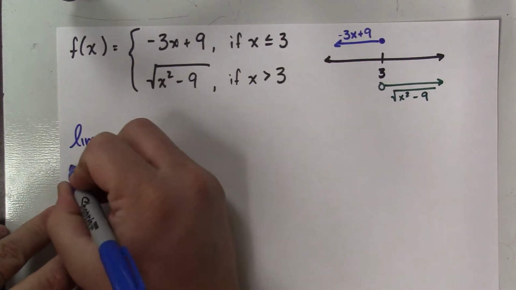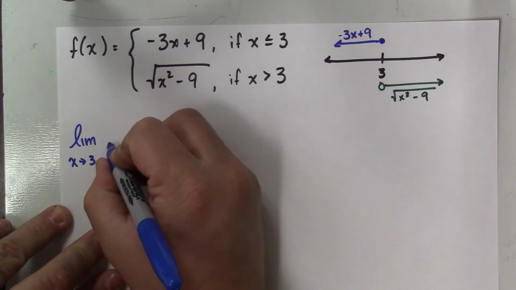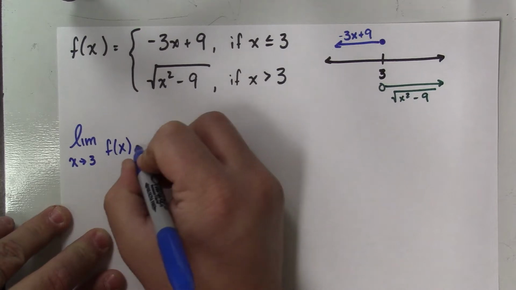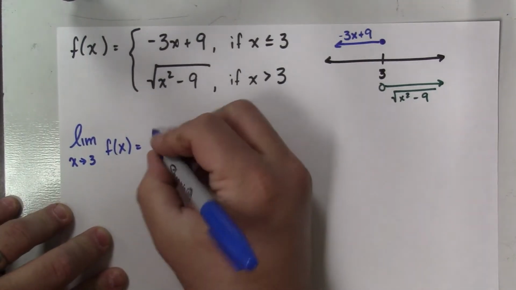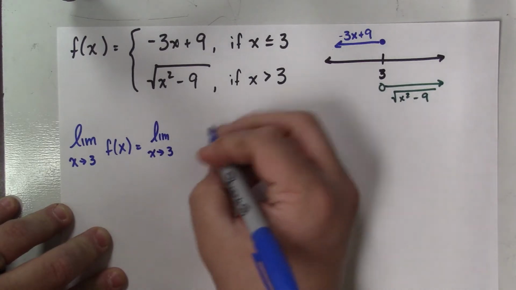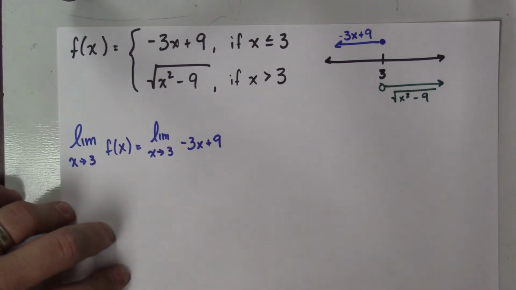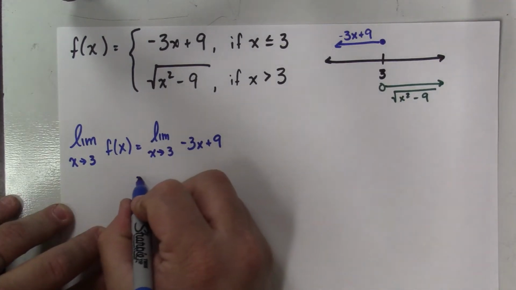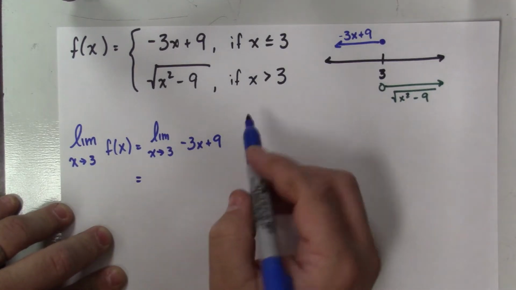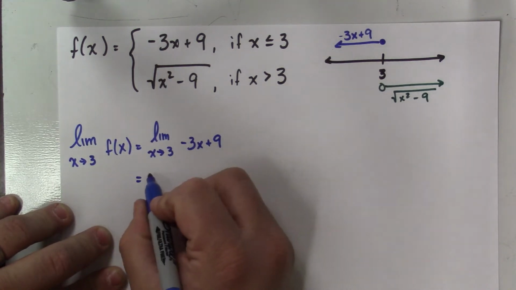The limit as x goes to 3 of f of x, and sometimes we'll go ahead and rewrite this limit statement: limit as x goes to 3 of negative 3x plus 9. This is just a simple substitution. It means the same thing. We said a minute ago that as long as we don't break the domain, we're okay to just evaluate this limit by plugging in the value.